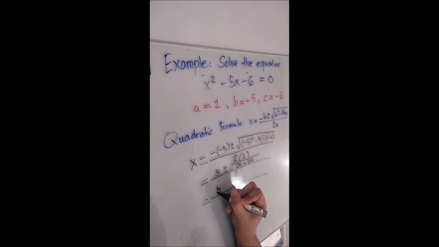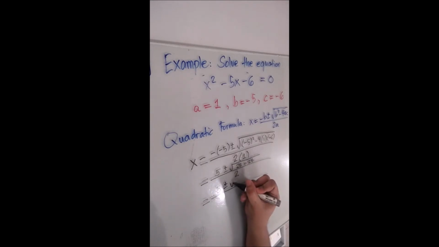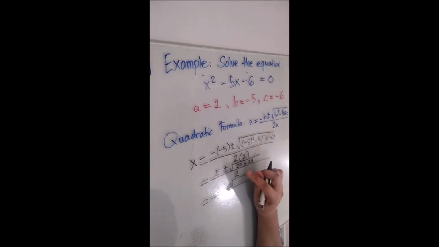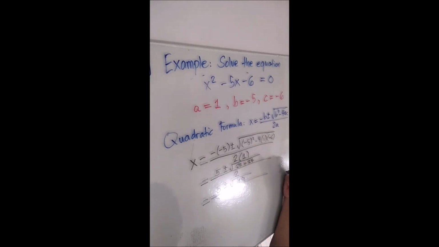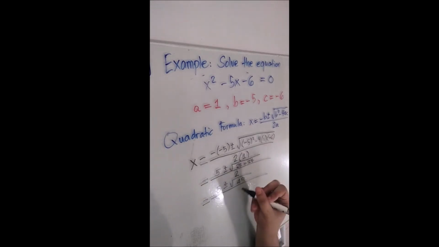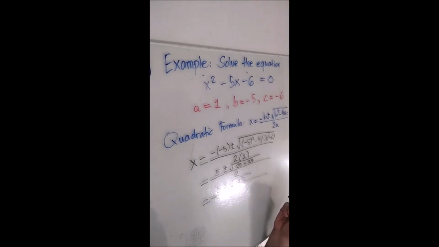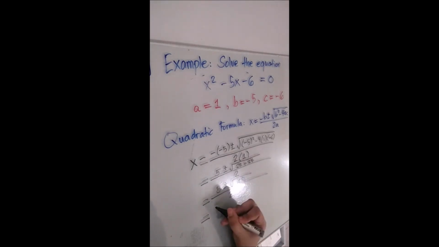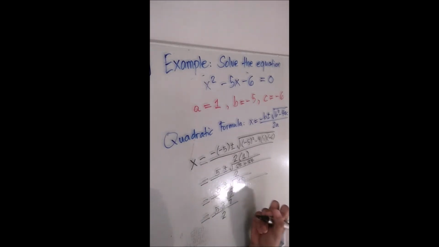Next, we have 5 plus or minus the square root of 25 plus 24, which is 49, all over 2. So this is equal to 5 plus or minus the square root of 49, which is 7, over 2.